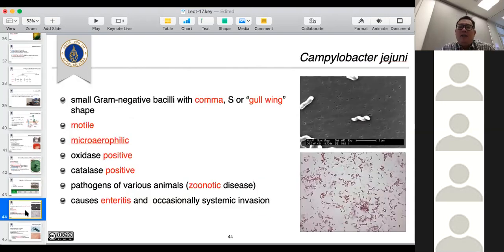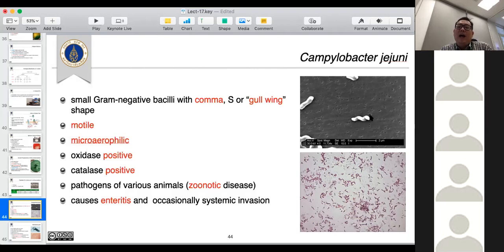Campylobacter jejuni. Campylobacter jejuni, the cell is quite twisted. If we do not know, we probably think this is a spirochete, but it is not a spirochete. It is comma-shaped, or sometimes we call it S shape or gull wing.